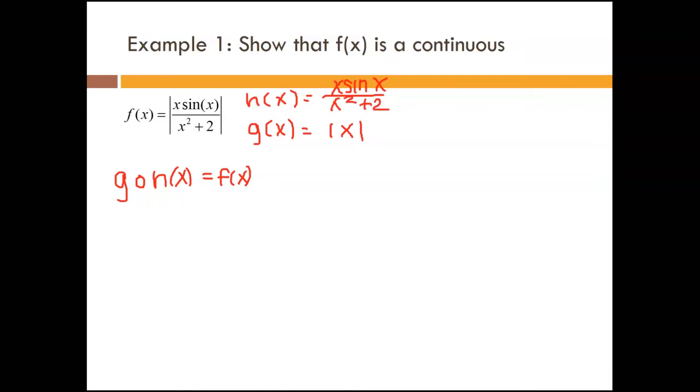And we know that sine of x is continuous. X is linear, so that's continuous. And x squared plus 2 is a quadratic that is continuous. And since the denominator can never equal 0, it is also continuous, because there are no values for x that will make the denominator 0.